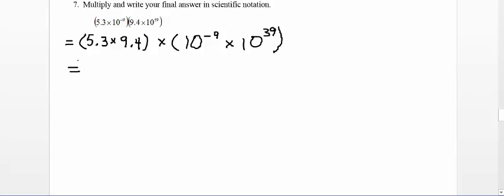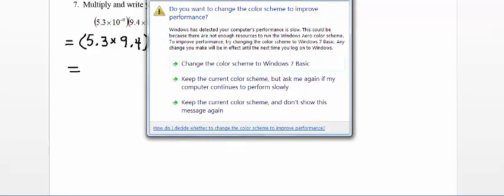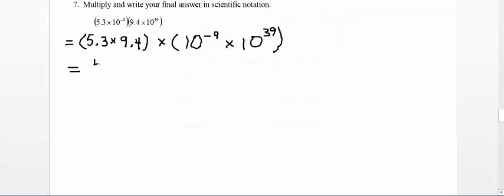So when I multiply 5.3 times 9.4, I get 49.82. And when I multiply 10 to the negative 9th times 10 to the 39th, I add the exponents. That's the product rule.